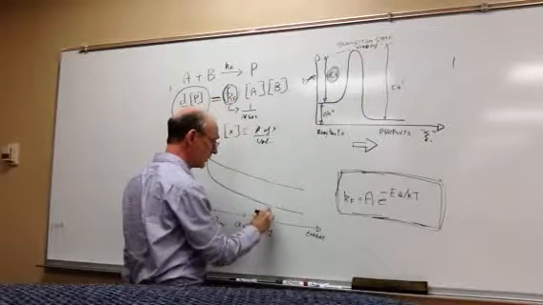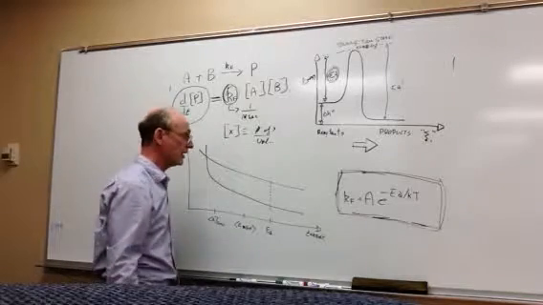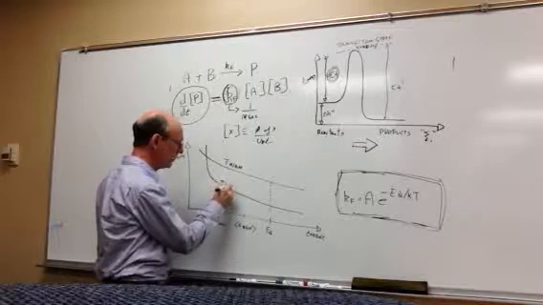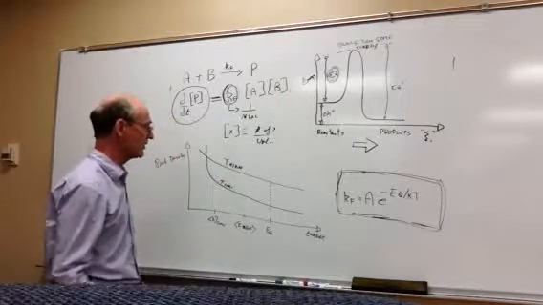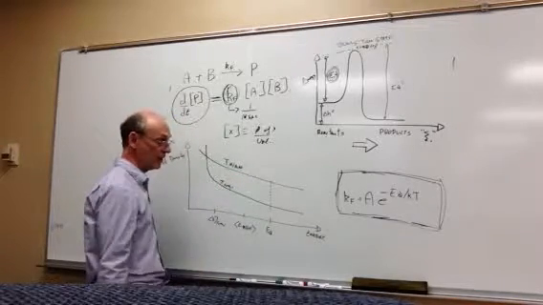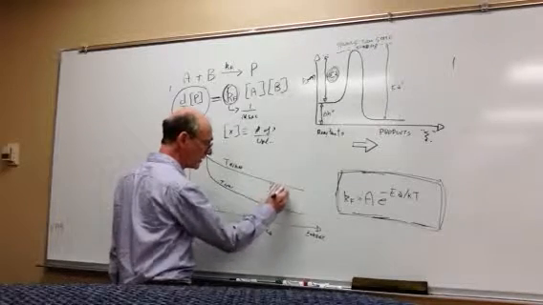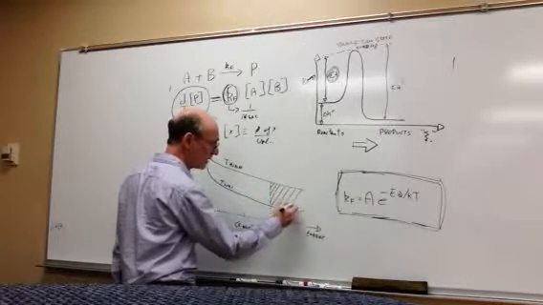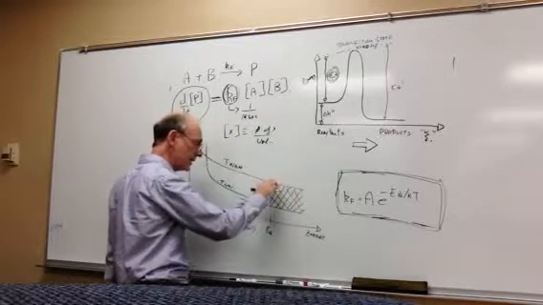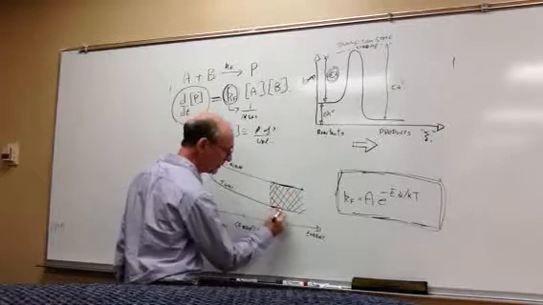So the number of molecules is given by the integral under the curve. This is T high, and this is T low. The question is, when you raise the temperature from T low to T high, how many more molecules are above threshold? Well, it's pretty clear that the additional number of molecules above threshold is given by the difference between the integral under the first curve and the one over here.